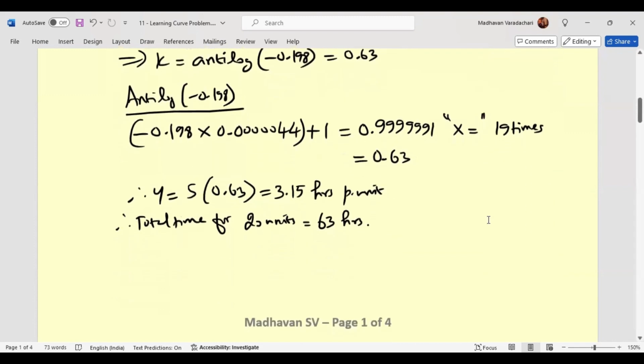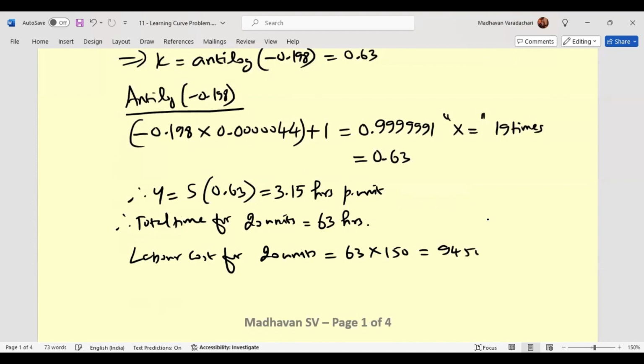So now, labor cost for 20 units is equal to 63 multiplied by 150. We get 9,450. Then setup cost, it is given in the question.